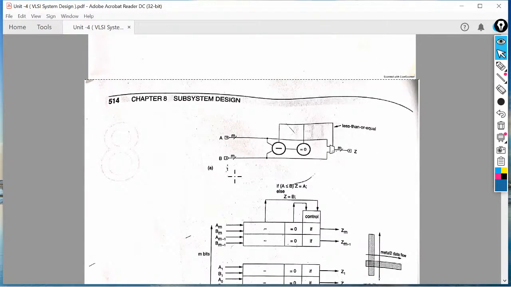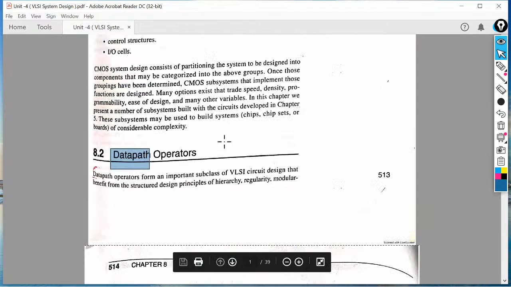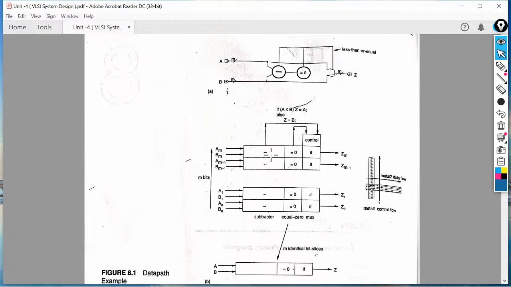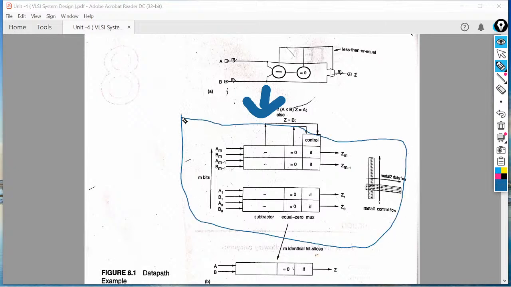So these two circuitries are only responsible to understand this data path. Now what is the meaning of data path? The inner circuitry of the above diagram is represented here.